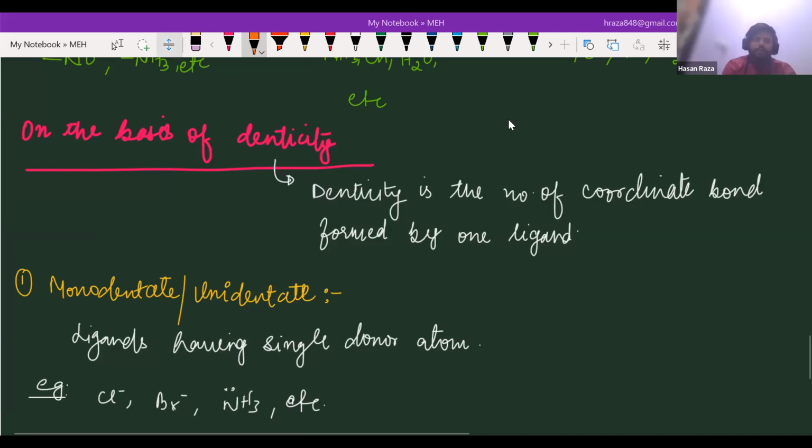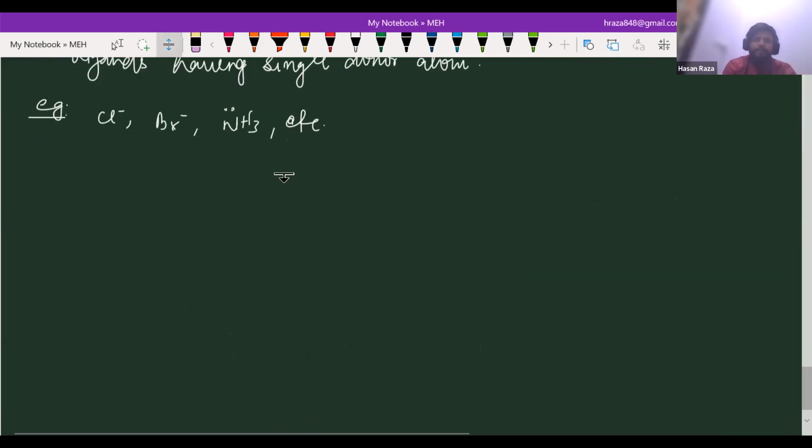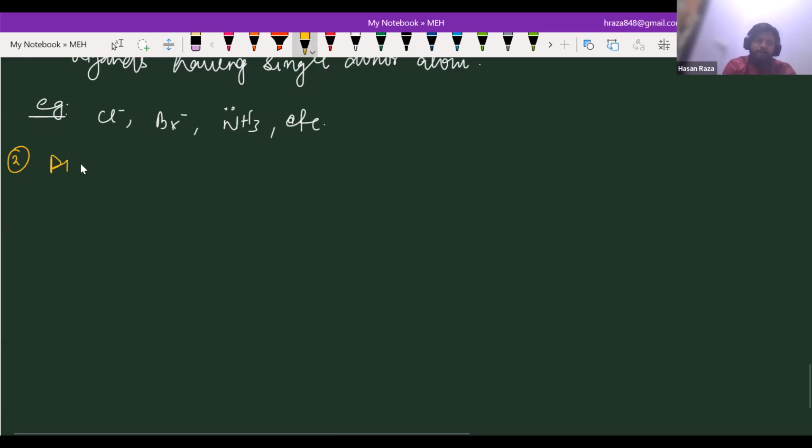Now we have another type of ligand, that is didentate, or we can call it bidentate as well. It's very easy to understand.